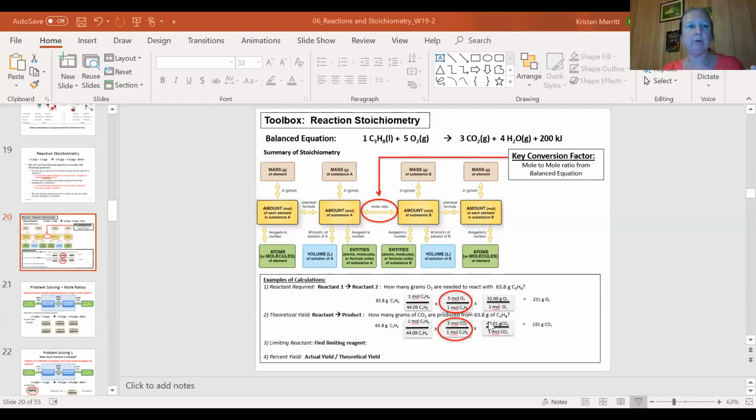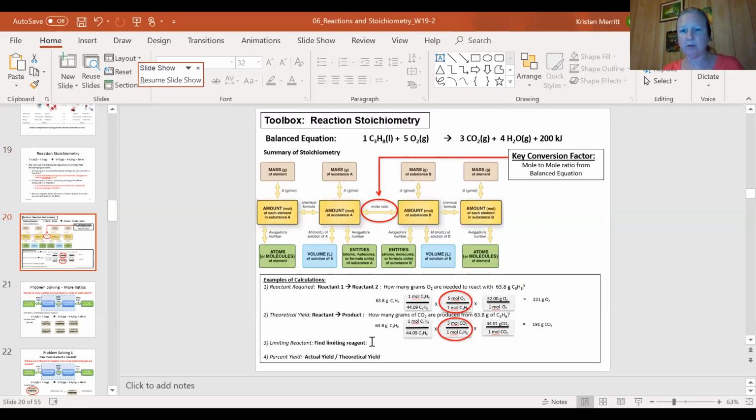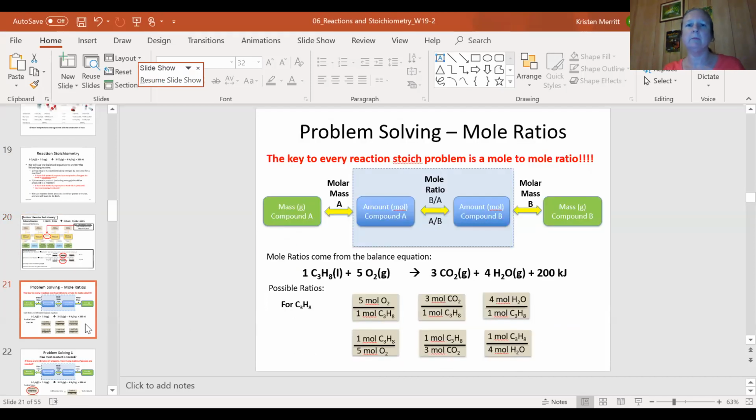It's this slide. So we did this one, and this is the next slide, and it's this box down here that I just worked through. So this slide is just talking about, it doesn't matter, anything can be written in a relationship, and it doesn't matter what's on top and what's on bottom. As long as your relationship is true, your numbers are correct, you can relate anything in here.